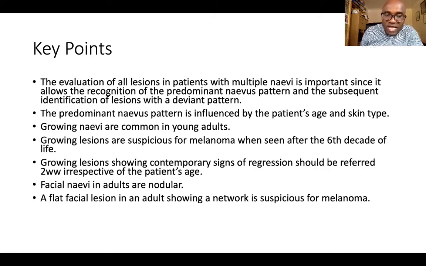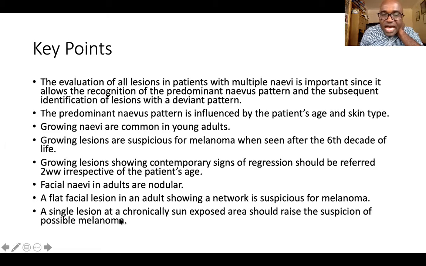When you see a flat facial lesion in an adult which shows a network, be suspicious of a melanoma. If dermoscopy does not clearly define a solar lentigo or the features of a solar lentigo, then you are worried about either lentigo maligna or lentigo maligna melanoma.